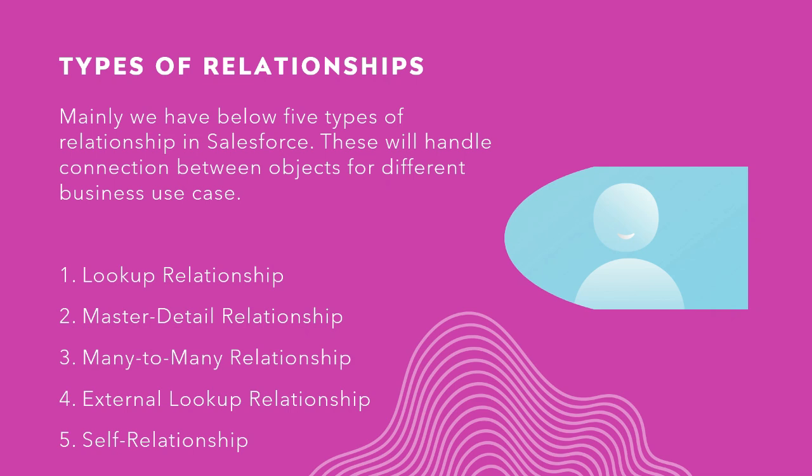It depends on the scenario or whatever business requirement you have to implement as part of your project. You will pick one type of relationship. Okay. And one more thing I want to make clear is, in real time, we will be using mostly master detail, many to many, and lookup. These 3 are the most frequently used relationships. Okay.